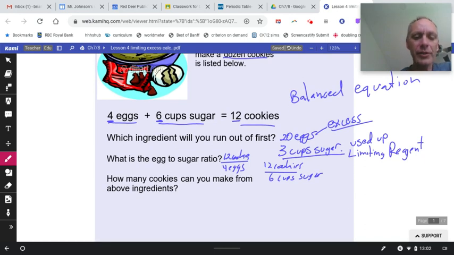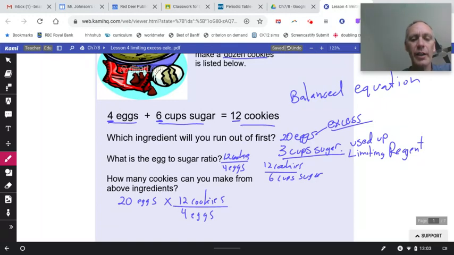So this is the pattern to solving limiting reagent problems. You solve them twice. So we're going to start with 20 eggs, and we're going to see how many cookies we can make using our molar ratio. So what we're looking for on top, we can make 12 cookies for every 4 eggs.